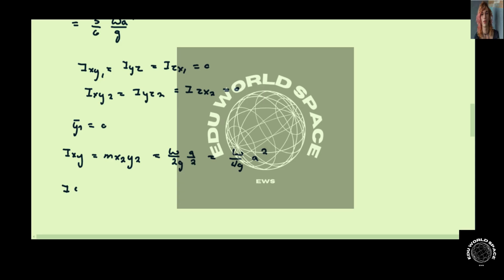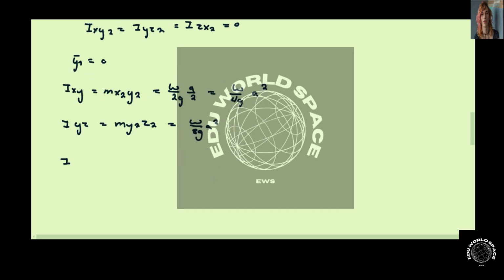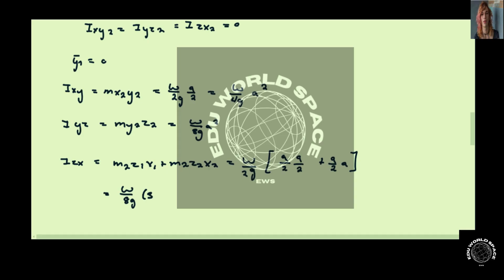And Iyz equals m y2 z2, which equals W/8g a squared. And we have Izx, which equals m1 z1 x1 plus m2 z2 x2, which equals W/2g times (a/2)(a/2) plus (a/2)(a), and we get W/8g times 3a squared.